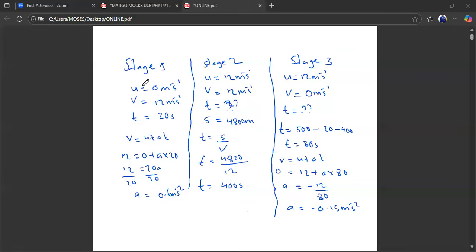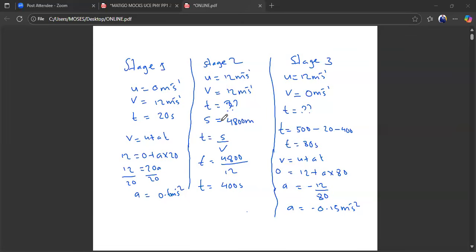Then you see that our initial velocity in the first stage was 0, final was 12. Now, when you come to the second stage here, our initial will become the final here. So our final here was 12, then our initial here is going to become 12. And because here the person maintained the velocity, what does it mean? That the final and the initial will be the same.